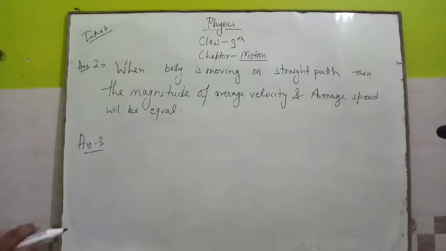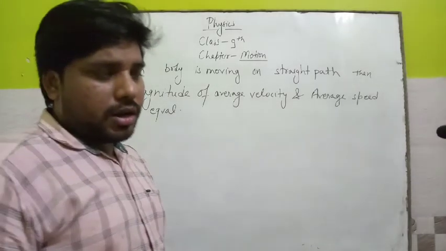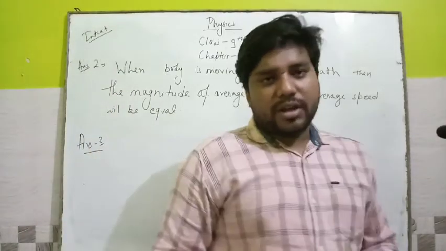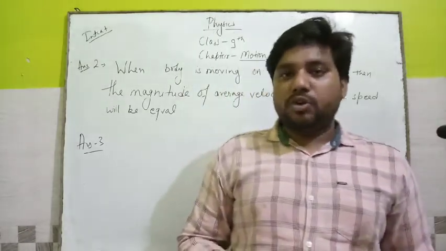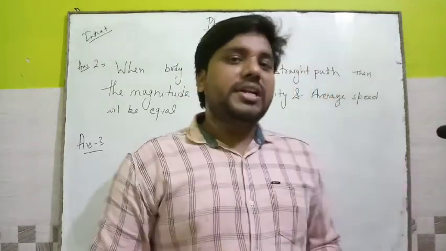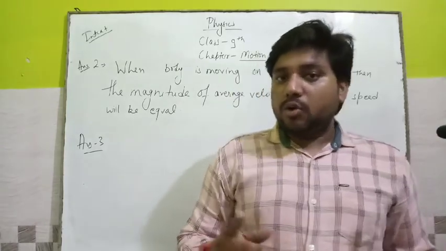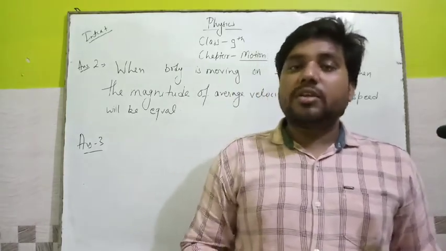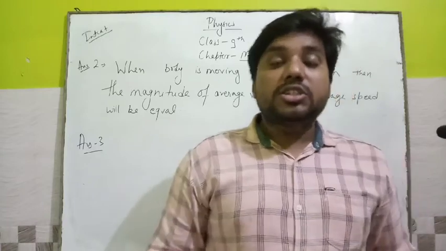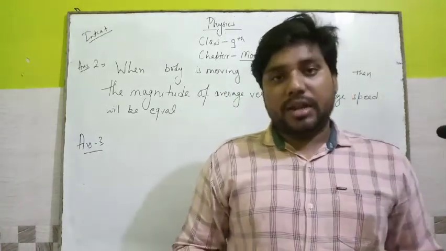Now see question number 3: what does the odometer of an automobile measure? You know that in your bike or any vehicle there is an odometer and a speedometer. The speedometer is a device which can measure the speed of a vehicle, and the odometer is a device which can only measure the distance traveled by that vehicle. Clear?